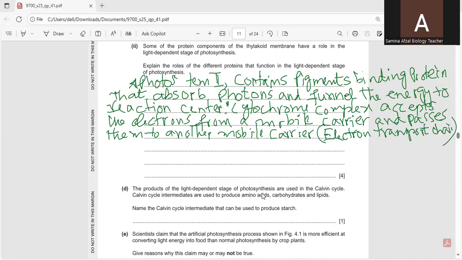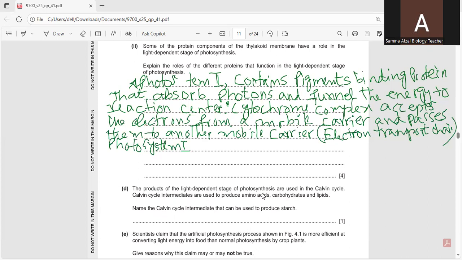Then there is also light harvesting. There is photosystem 1. It absorbs photons and funnels energy into the reaction center again.